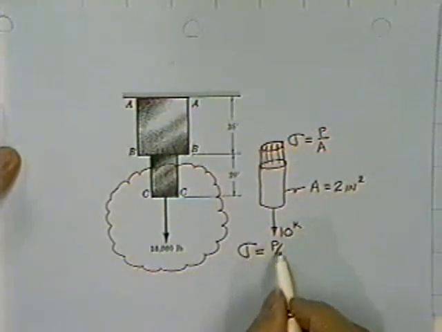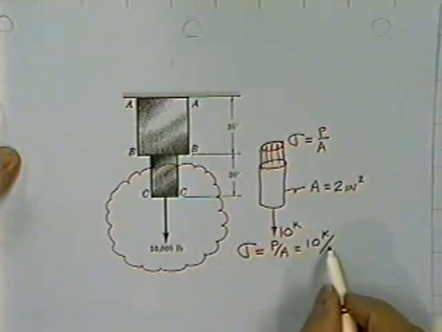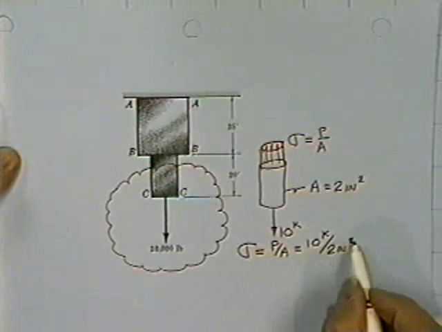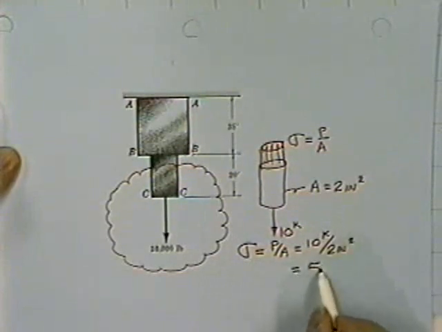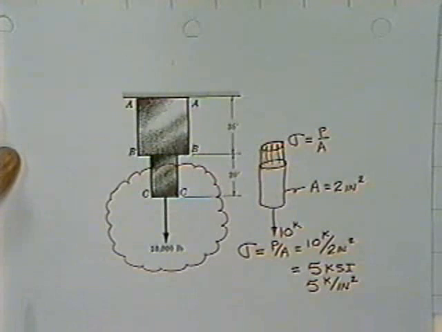Stress is equal to load over area, equal to 10 kips divided by 2 square inches of steel, and we're talking 5 KSI, or 5 kips per square inch of steel. That 5 KSI is the actual stress in the member. It would be compared against some allowable, probably given in a code, so that you can see if past experience shows that stress is acceptable or if it's not acceptable.